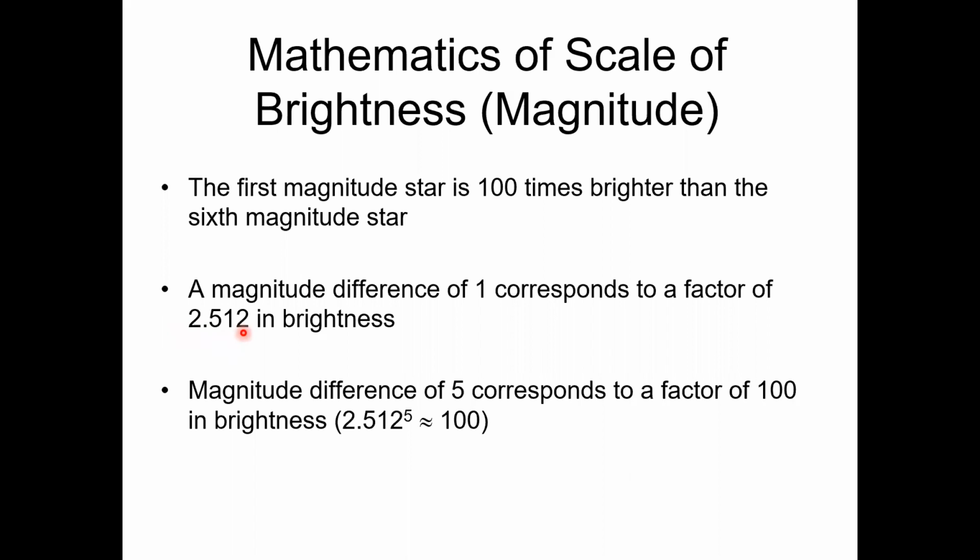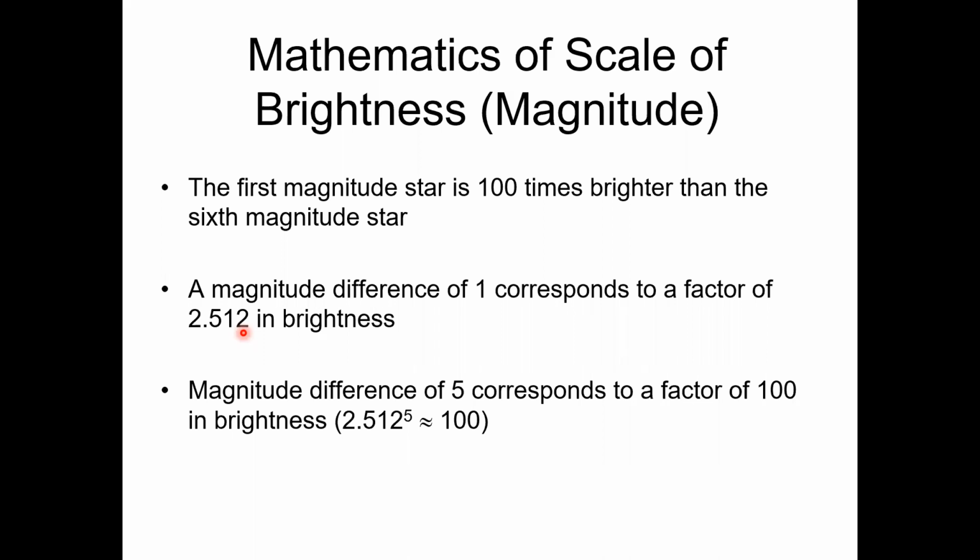Let's say 2.5. So if you see one star, let's say A, and there's another star B, B is 2.5 times brighter than A.